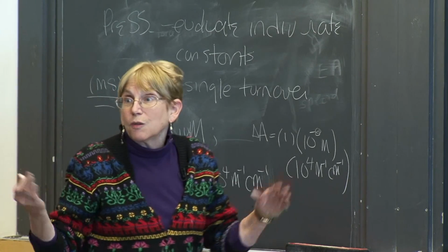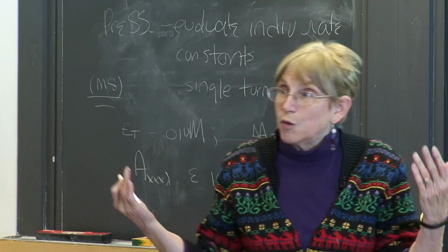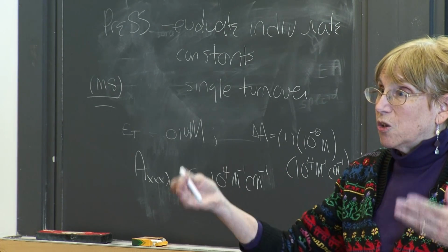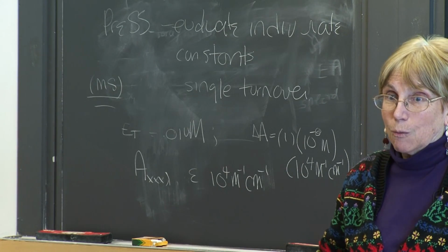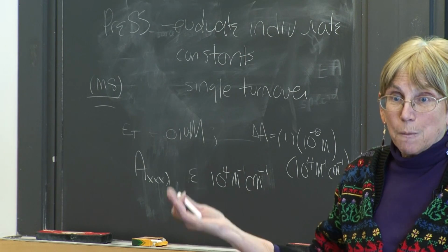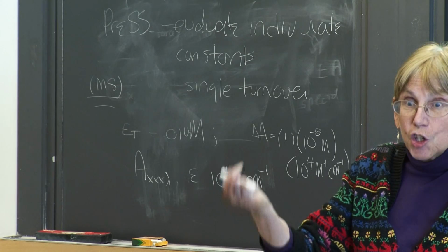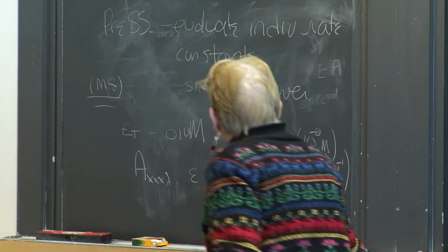Can you measure that? Maybe you could measure this if you took hundreds of samples and did a statistical analysis on it, but it's really low. So what do you want to do then for pre-steady state? What's the thing to change so that you will be able to see something? Yeah, so you increase.